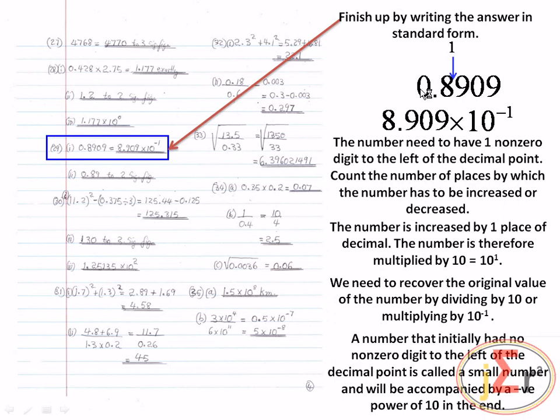Any number that starts like this, 0 point, is a small number. And in the end, if you write that in standard form, it should be accompanied by a negative power of 10.